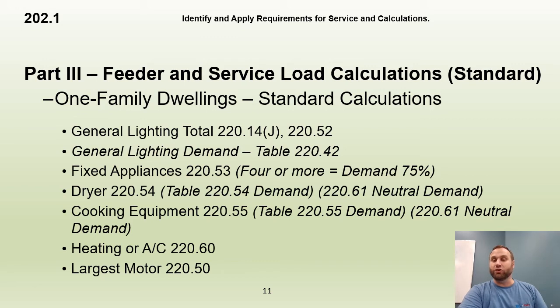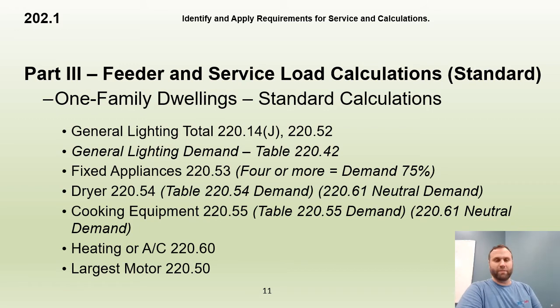There's a demand on the neutral that we're allowed to place on that total connected load to our neutral, because it doesn't use a whole lot of unbalanced power. So we don't necessarily have to include the entire dryer on our neutral load.